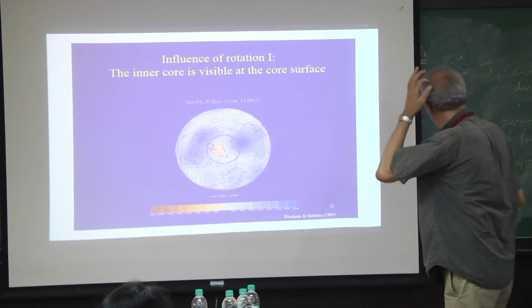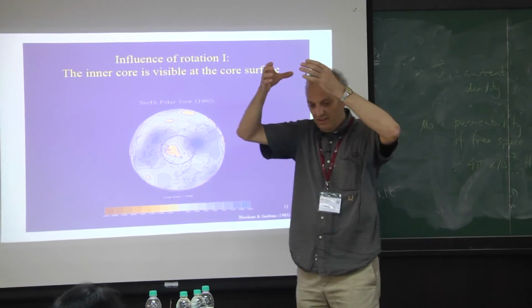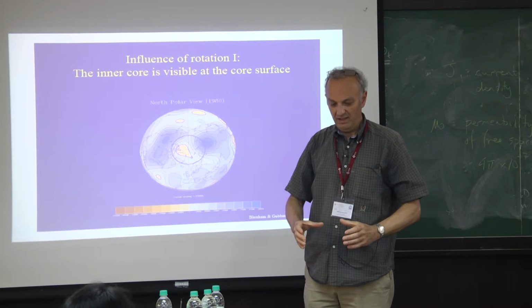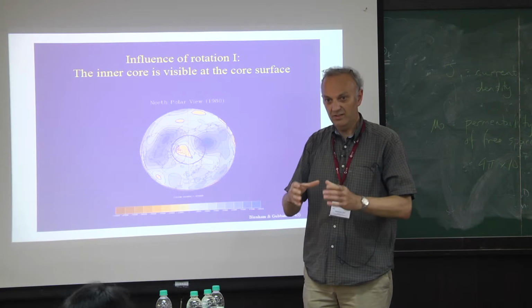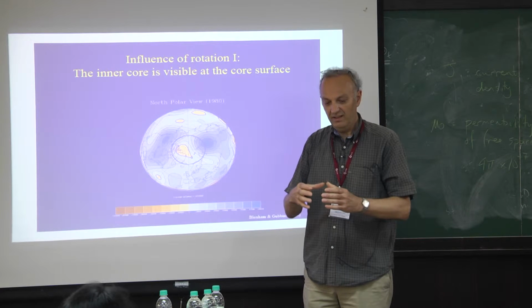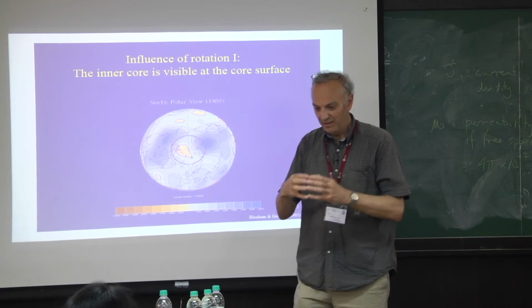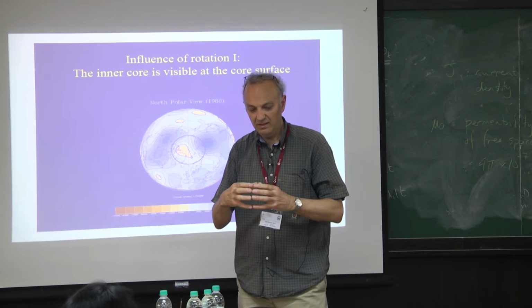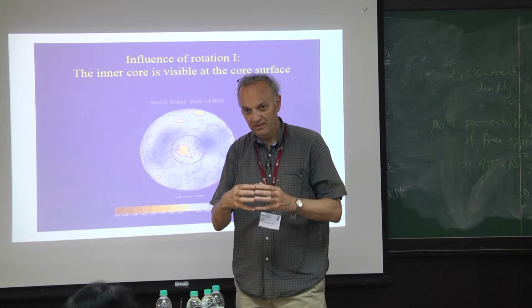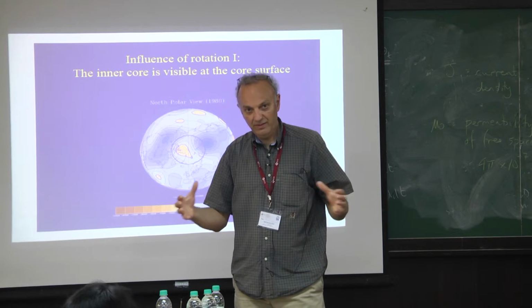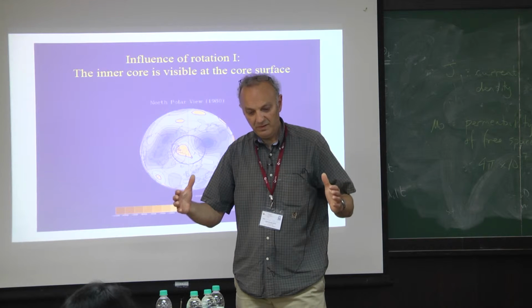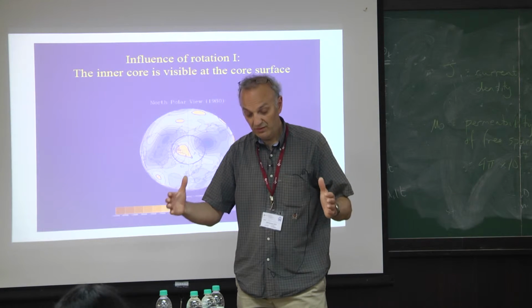Now, the tangent cylinder is a cylinder which just fits over the inner core. The inner core is a small ball of solid iron in the center of the core, about the size of the moon, and about 1/3 of the size of the total core.